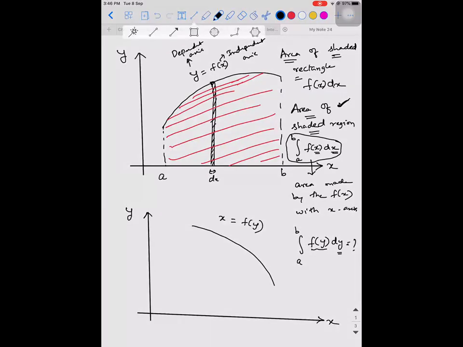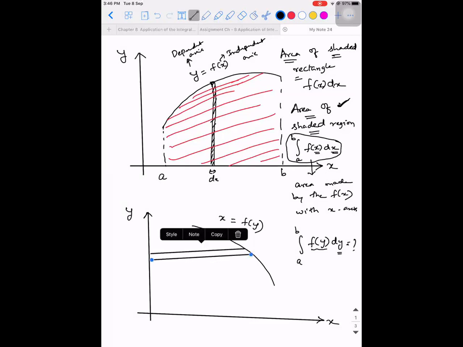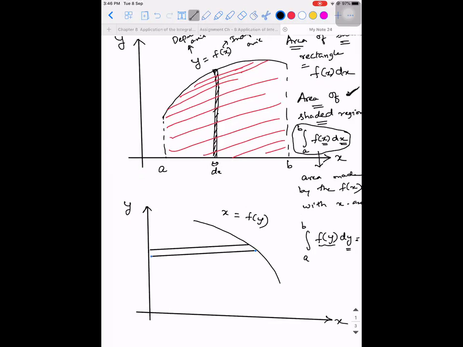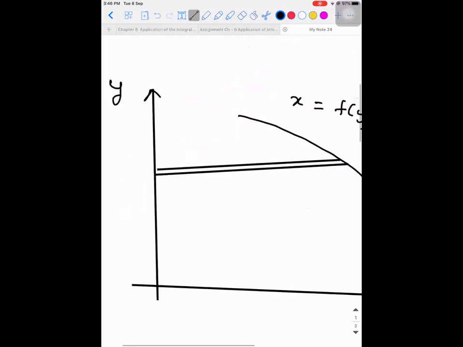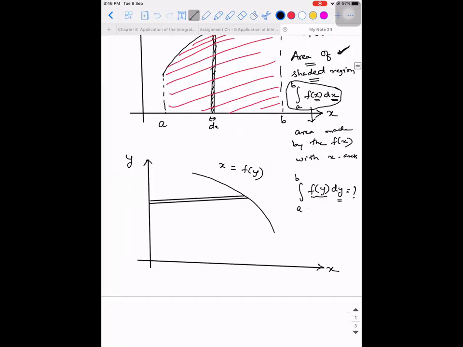If you have to visualize this, it is going to look like this. From the curve, if I drop two perpendiculars, which are very close to each other, like this, so they both are close to each other such that this curve is approximately a straight line. Then it forms a rectangle. So what will be the area of this rectangle?